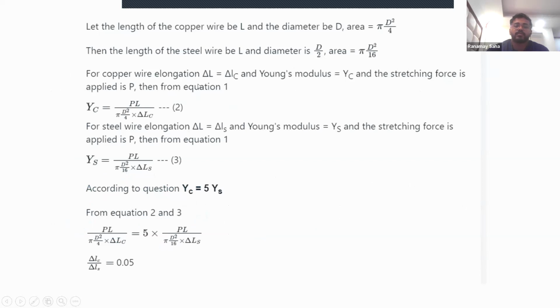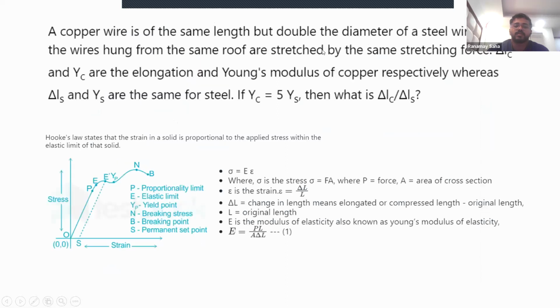Now for the copper wire, the elongation is delta LC, Young's modulus is YC, and the stretching force, let it be P. In the other case, you take the corresponding values as delta LS, YS, and the stretching force is P only, because it remains the same, isn't it?